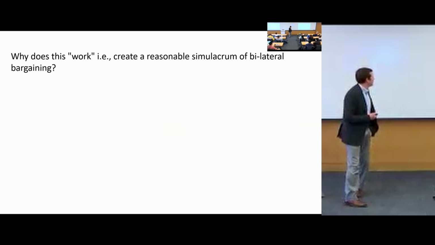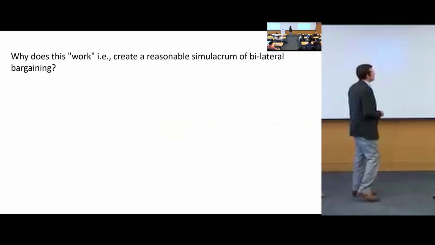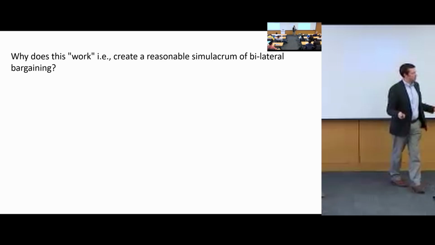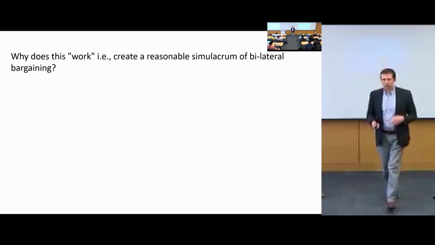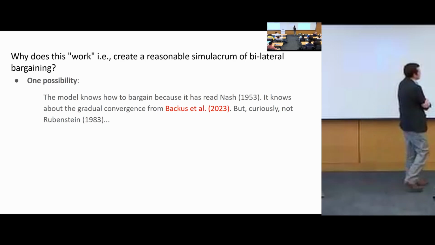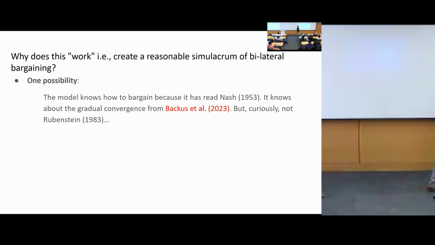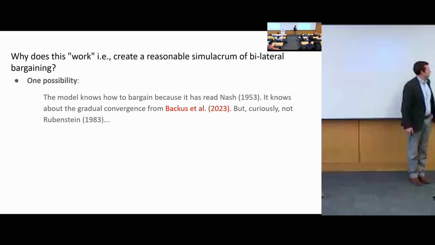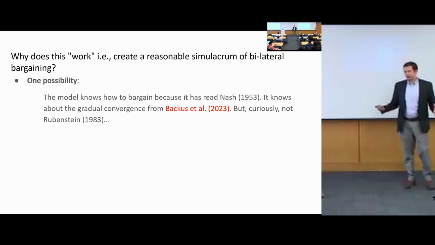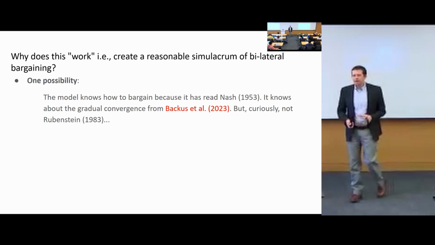You might think, why does this work? Why does it create a reasonable simulacrum of bilateral bargaining? Well, one possibility is that the model knows how to bargain because it read Nash 1953. It knows about gradual convergence from the Spulber and Stevenson paper, but curiously, it doesn't know about Rubinstein 1983, where you're supposed to immediately come to agreement.